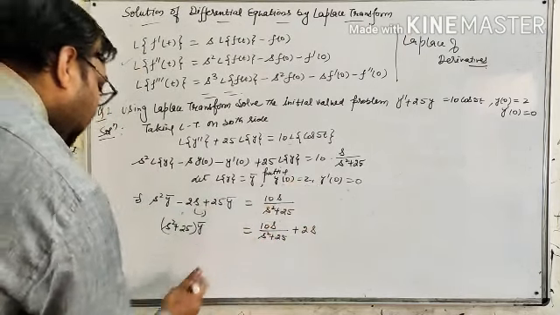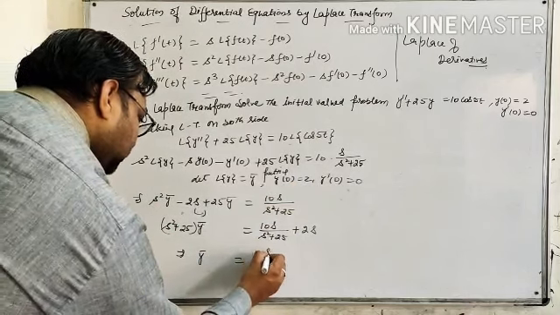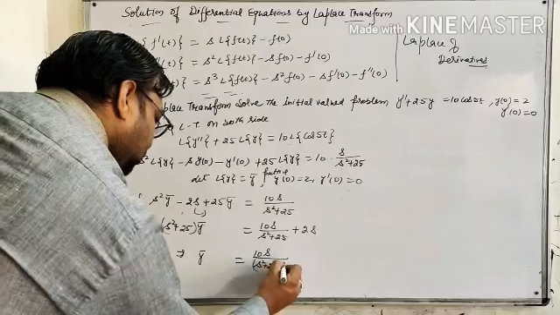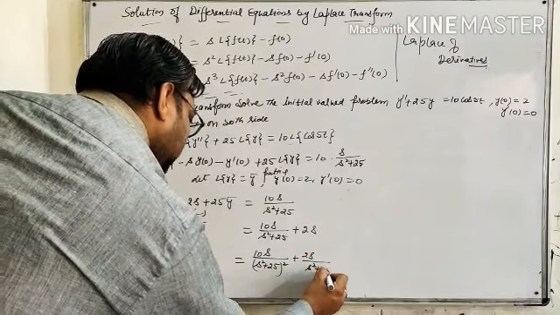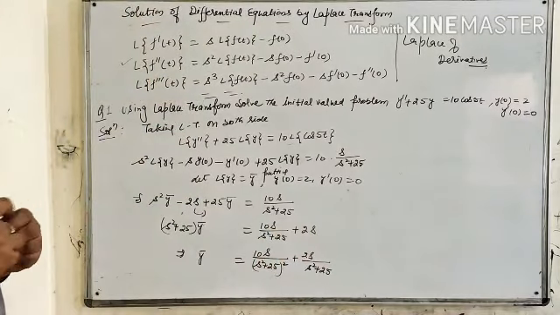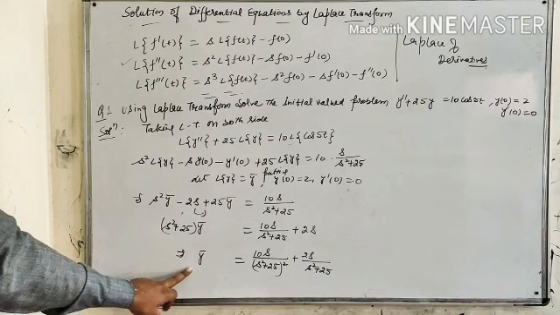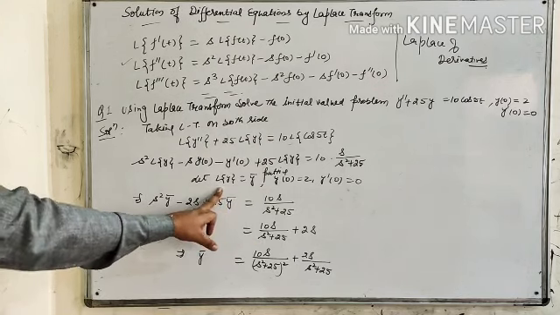Taking this to the right hand side, we get y bar is equal to 10s upon (s square plus 25) whole square plus 2s upon s square plus 25. We have to find the value of y from here, and y bar is the Laplace of y.